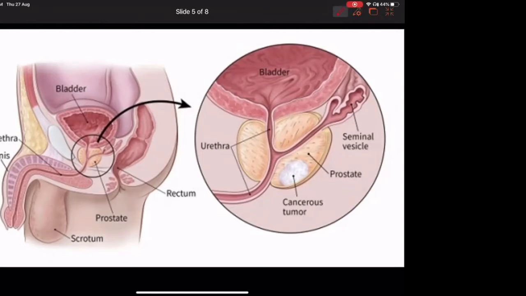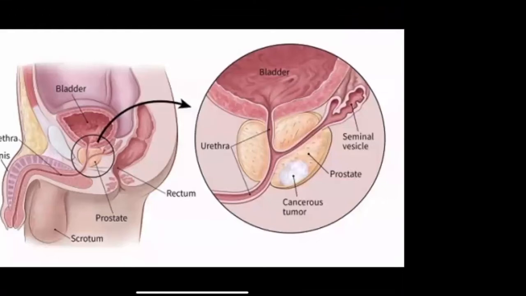Of course, the urethra is the main difference between the male and the female urinary organ. I don't have a female one, but essentially it's more or less the same. I'll see whether I can get you a female one later. But for now, because I wanted to talk about prostate cancer, I use a male tract first.